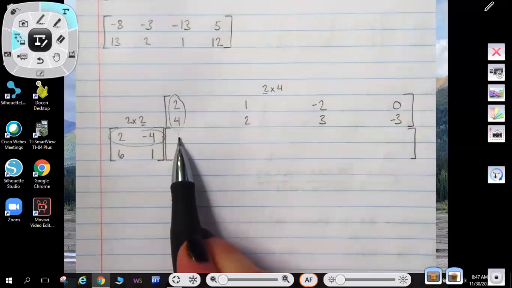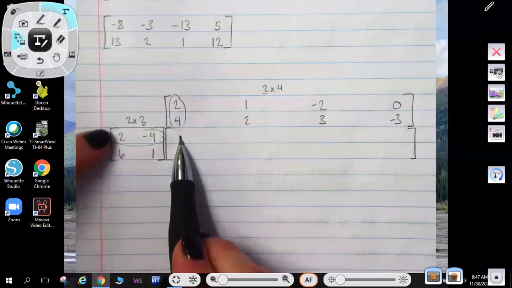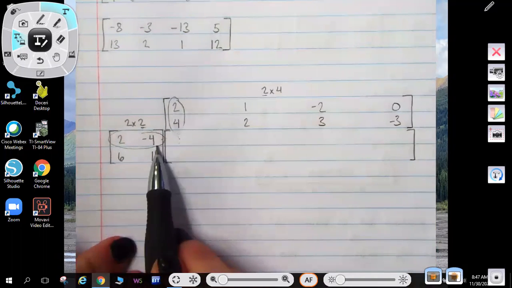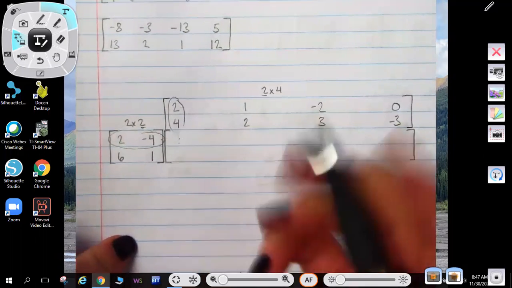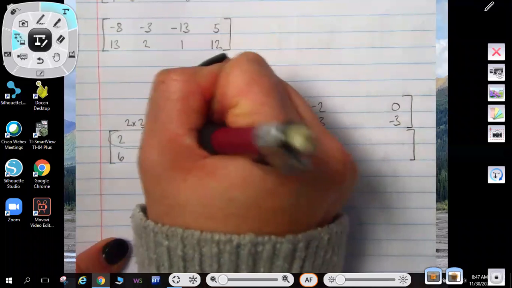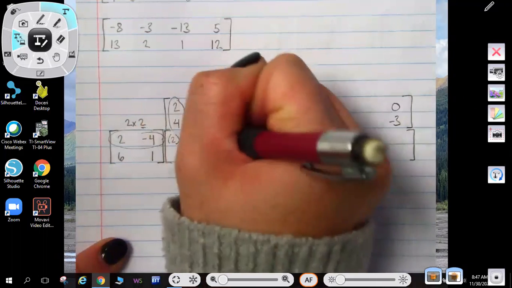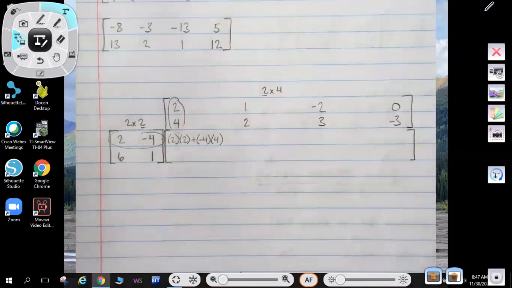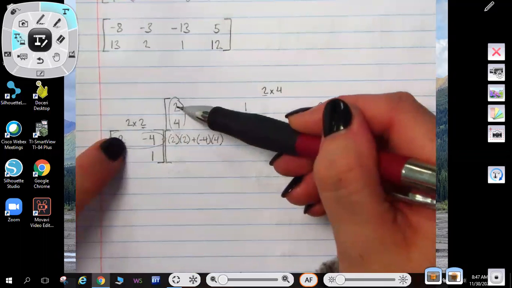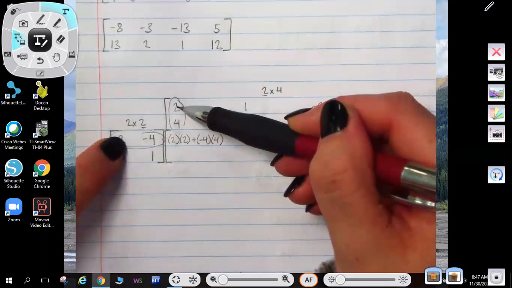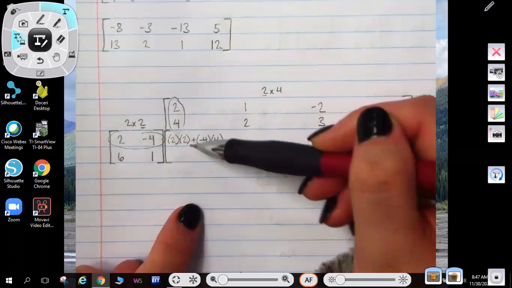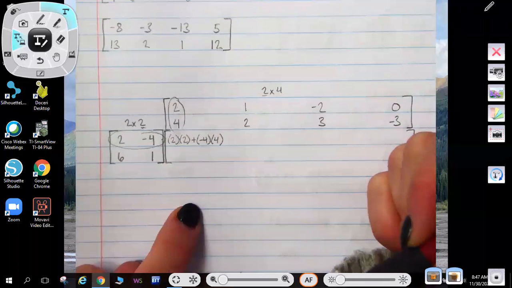So to find this number, we're using the row and the column that are feeding into it: 2, -4, and 2, 4. So we do 2 times 2 plus -4 times 4. The first numbers in each of these multiplied together, the second numbers multiplied together, and then we add those products.